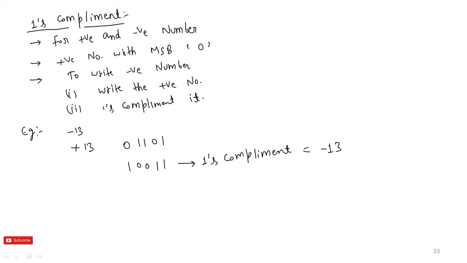Also see the range of integer in ones complement. If you have any doubt, you may ask in the comment section. So how to represent positive? 4-bit binary I am writing here.